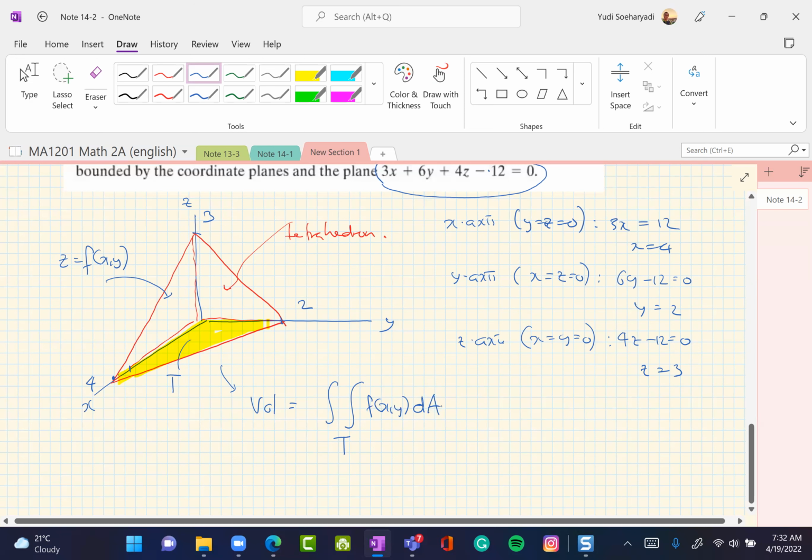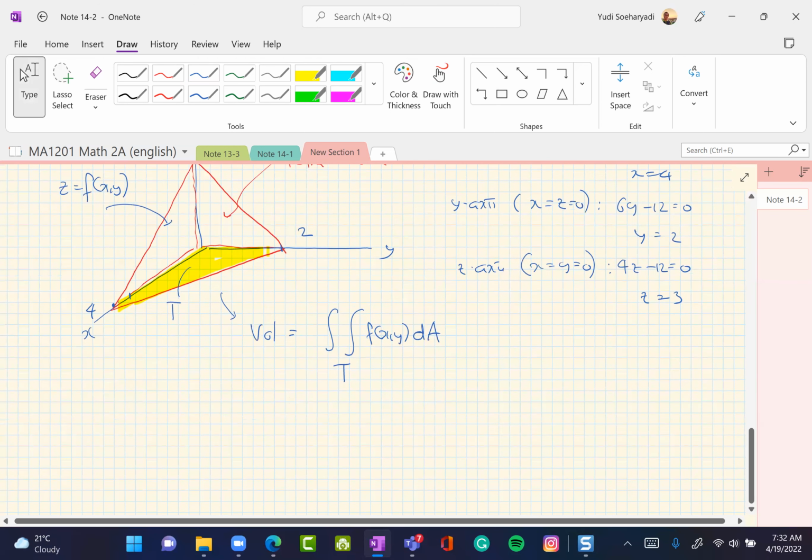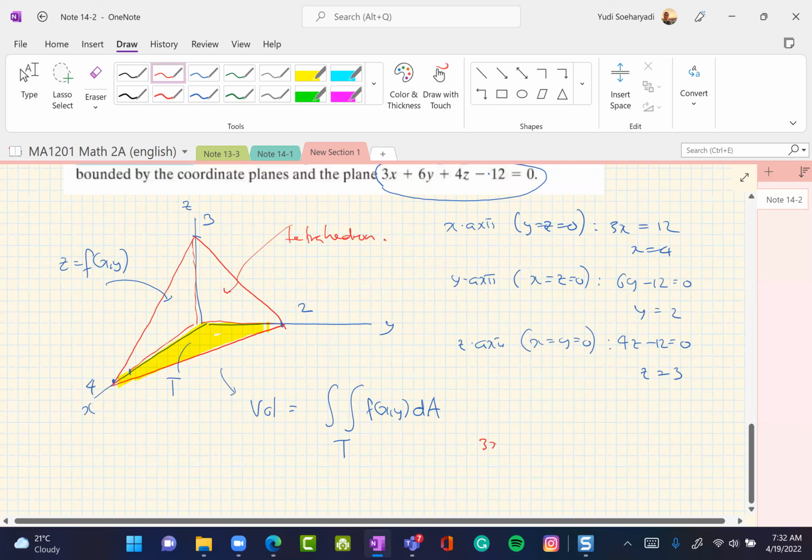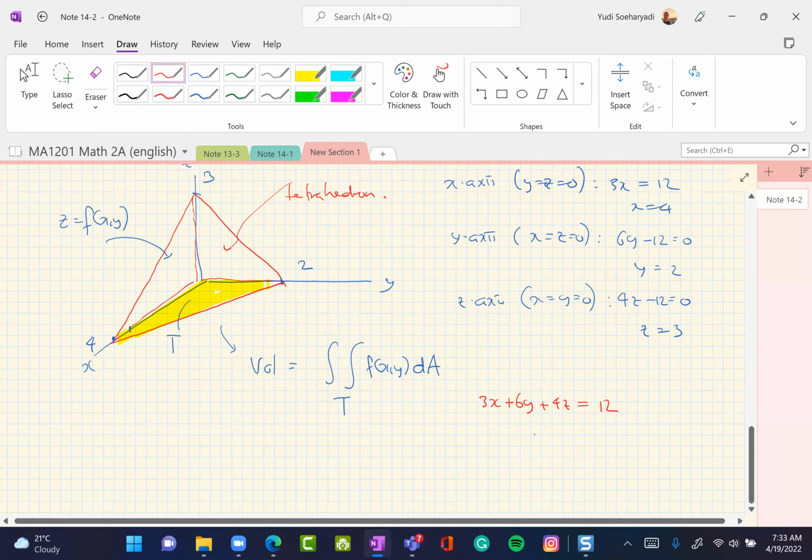Let's figure out how to fill this in. Here we have z, so express the plane equation in terms of z: x plus 6y plus z equals 12, so z is 12 minus x minus 6y.